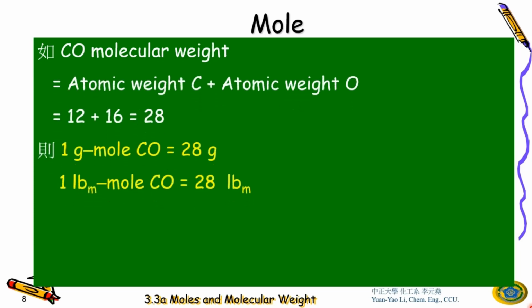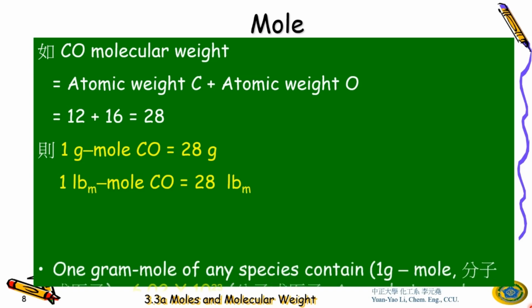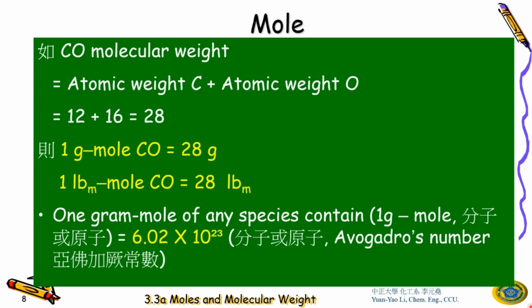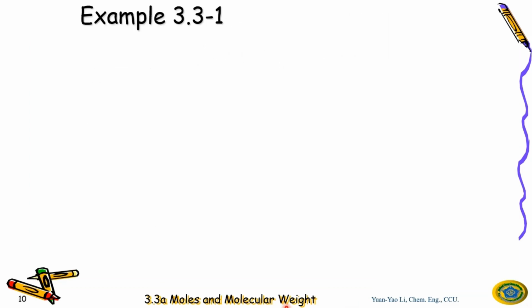Okay. And you can do different expressions using the SI system or the American engineering system. So please do this by yourself. Just skip this. Okay, so here, 100 grams of carbon dioxide is equal to how many moles of carbon dioxide?